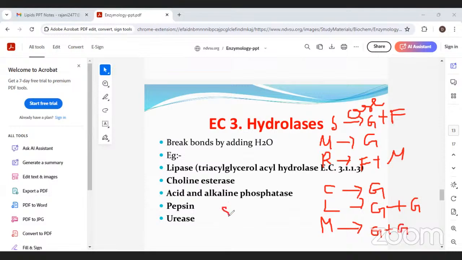Next, starch. The amylase enzyme acts on starch and converts it into maltose.